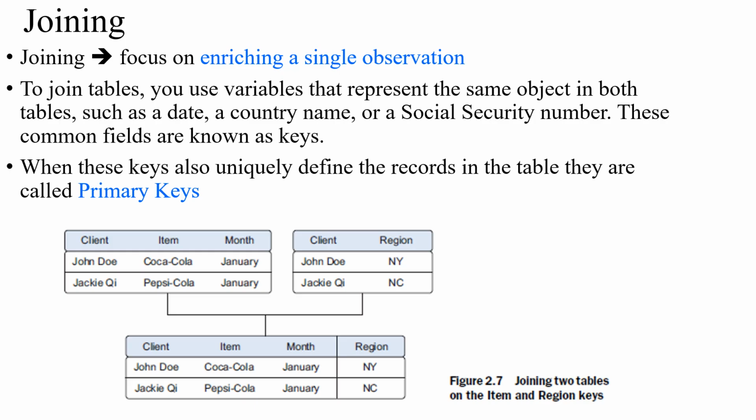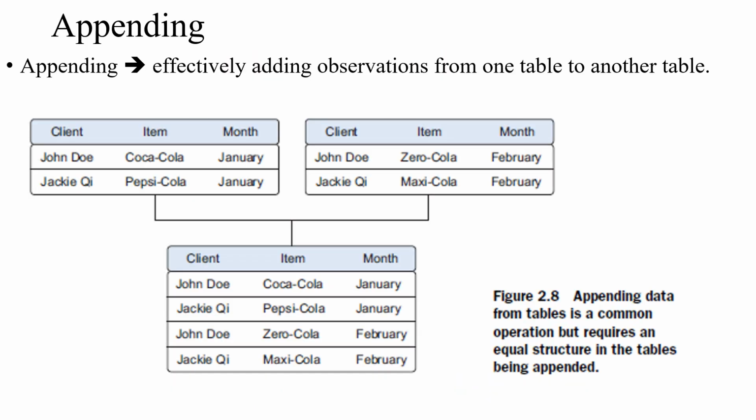Here region is not there, but all the others are the same. Under client, we have to check both. Both are the same client. Item is not there, but you have to put item here, and month also. But this region key value is not in this, so that has to be added. So this is one example of joining.